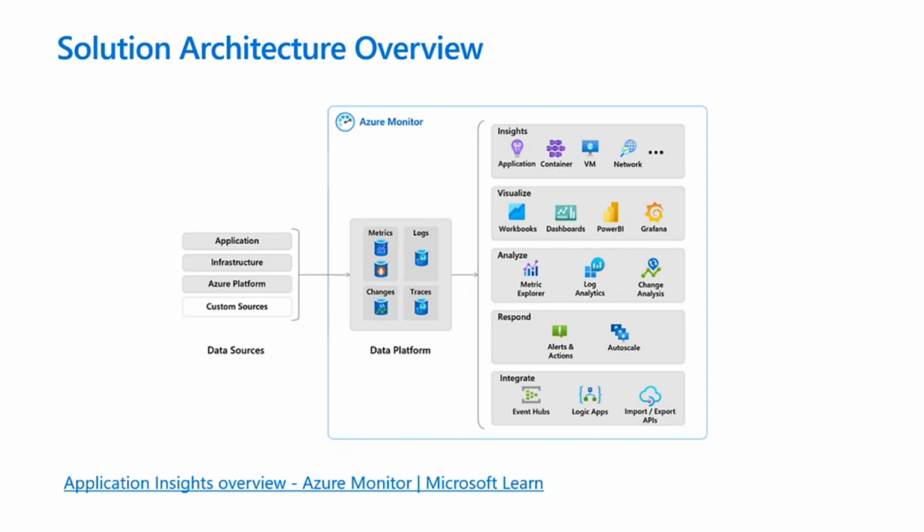And on the right side, what you'll see is what Application Insights provides: tools, if you will, to go and work with that data. So in those areas we see on the right, you can have, for example, the respond area where there is some configuration possible, where you can set up alerts and act upon your data ingested by your applications.